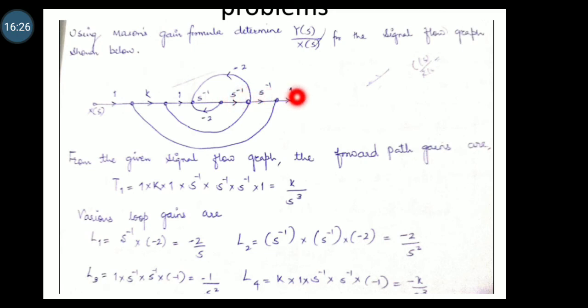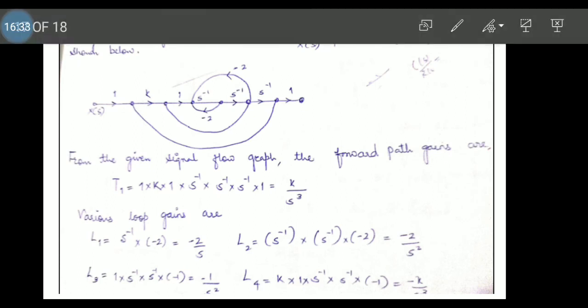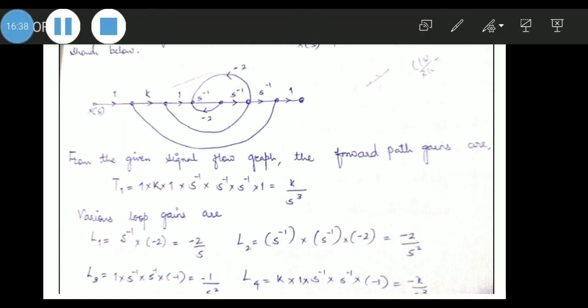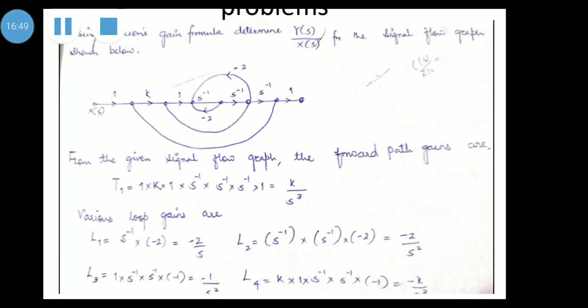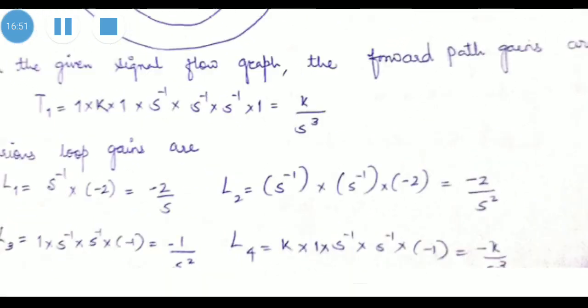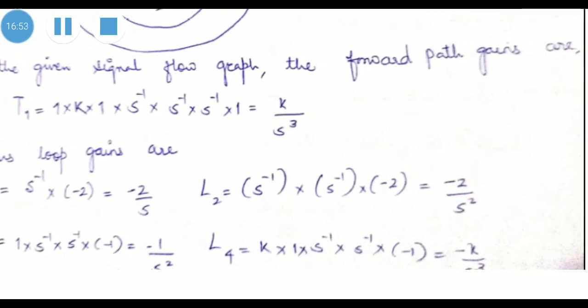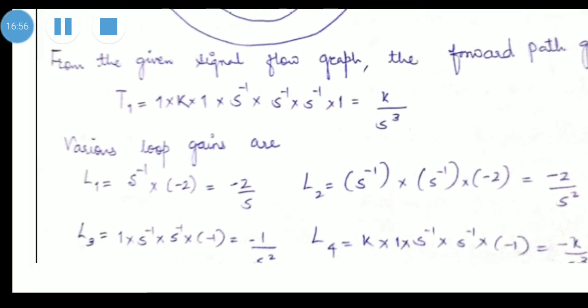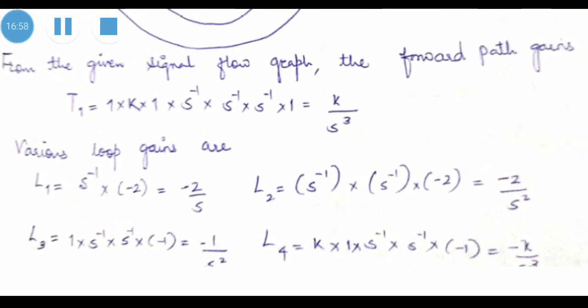So T1 is 1 into k into 1 into s raised to minus 1 into s raised to minus 1 into s raised to minus 1 into 1. So it is k by s cube. Next, how many individual loops are there?